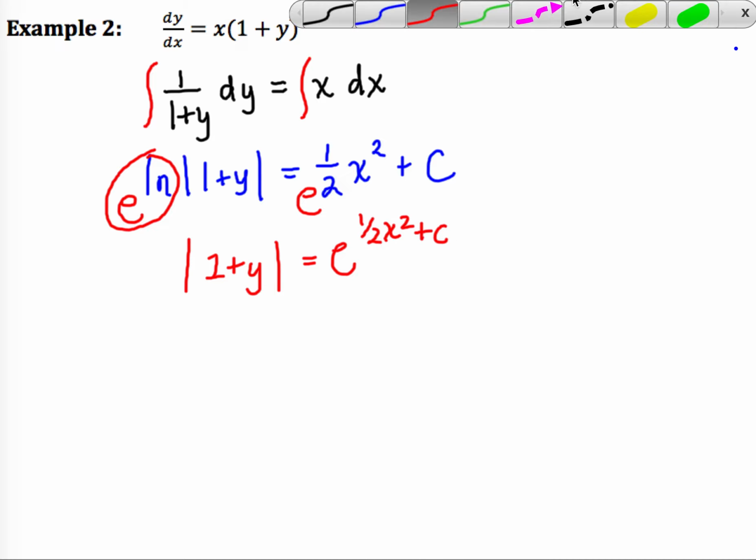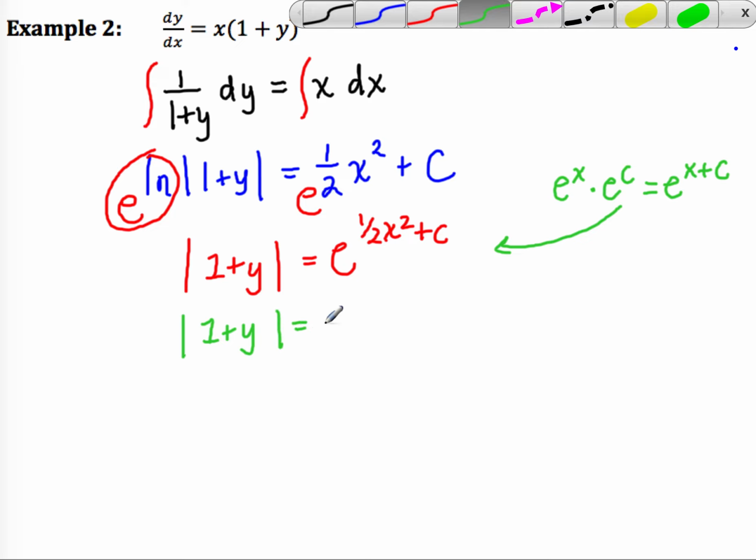This leaves us again with thinking about what this all means, because it looks quite messy here. But we know if we had e to the x times e to some constant, then when we have the same base, we just add our exponents. Well, we can work backwards here and undo what we just did, and we could say this is the same as e to the 1/2 x squared times e to a constant, because we just add those powers.